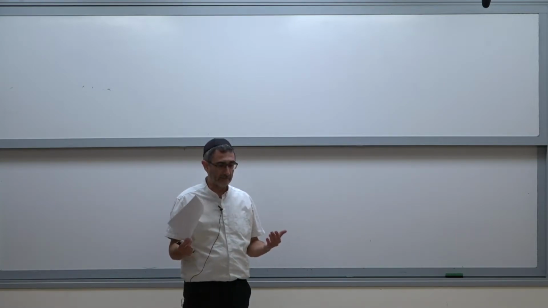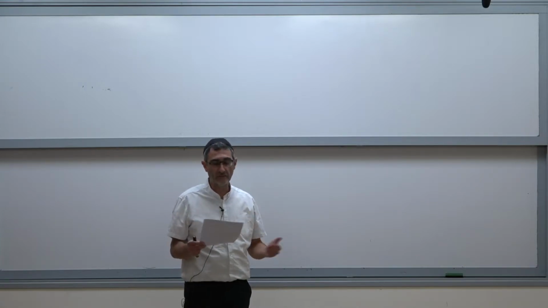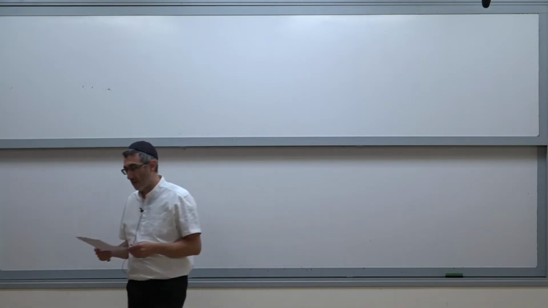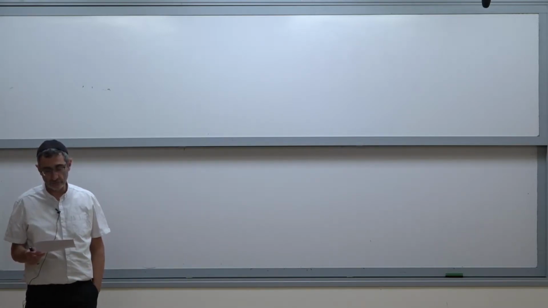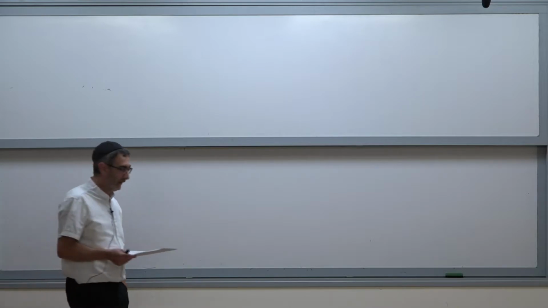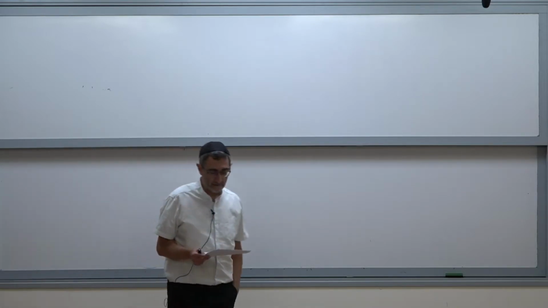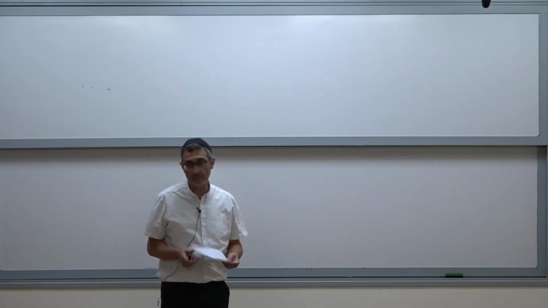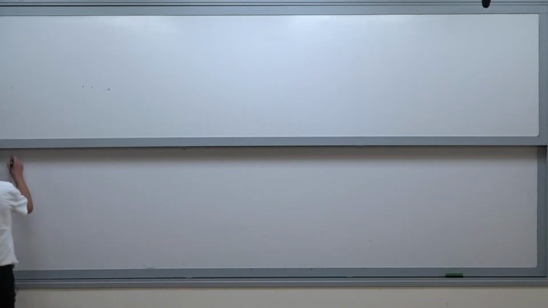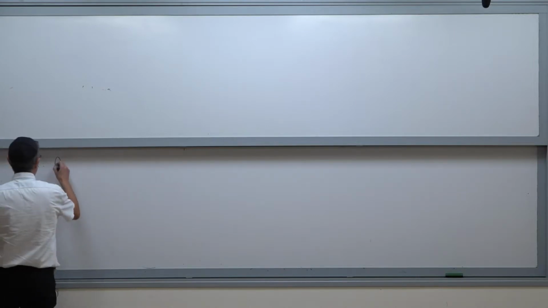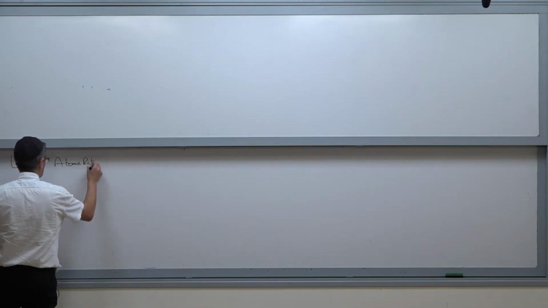I mean, is it delta n that is changed, or is it n1 versus n2? We need to somehow bring together these two pictures, these two effects. And that's what we're going to do here by discussing what we call the rate equation. So this is lesson 3, about the atomic rate equation.